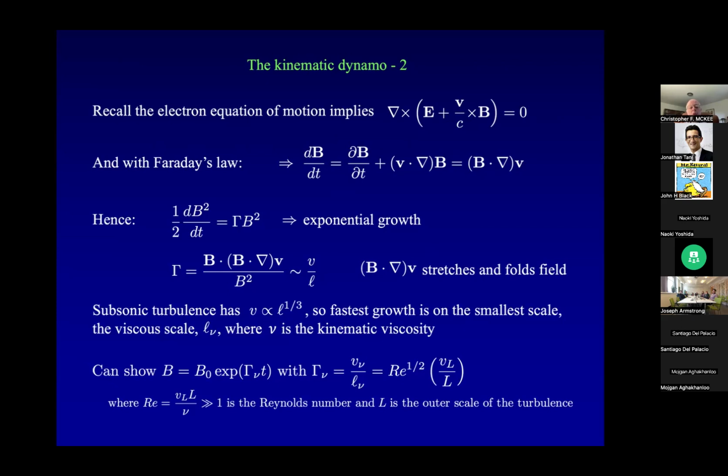As a result, you can show that the magnetic field grows like e to the gamma nu t, with this gamma sub nu being the V over L at this very small scale. That can be written in terms of the Reynolds number in that expression there. As you probably know, the Reynolds number in astrophysical plasma is very large, so this gives you a very large growth rate.